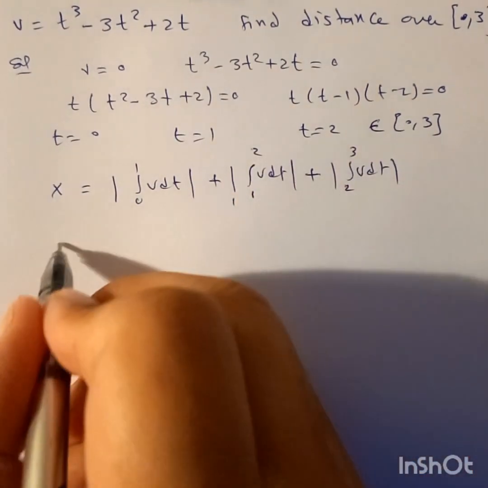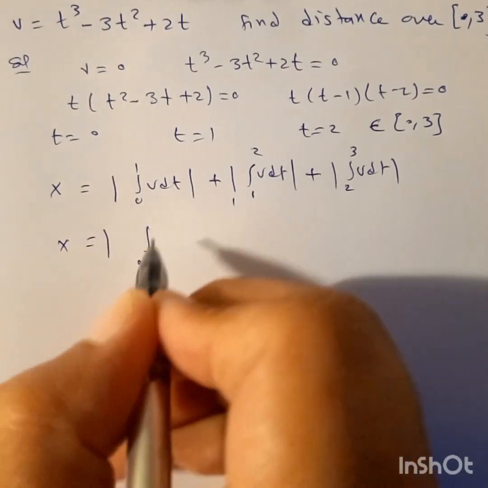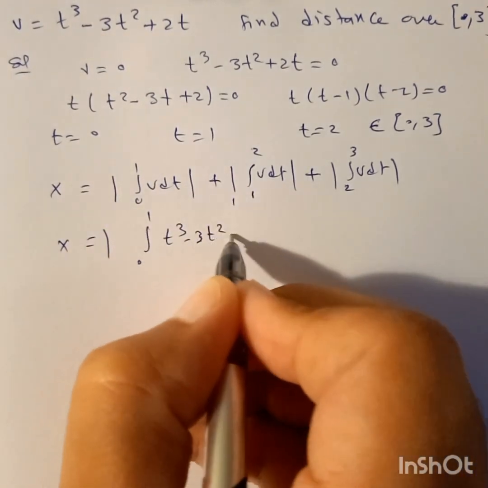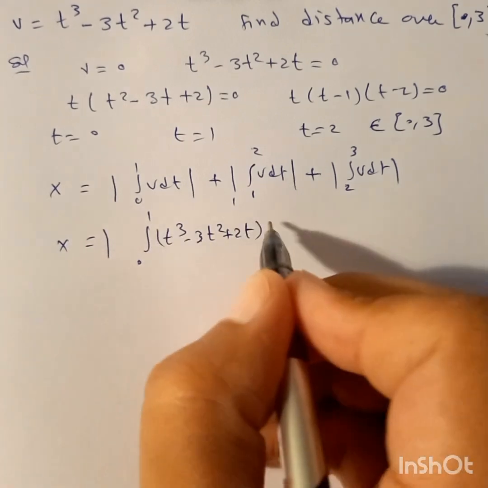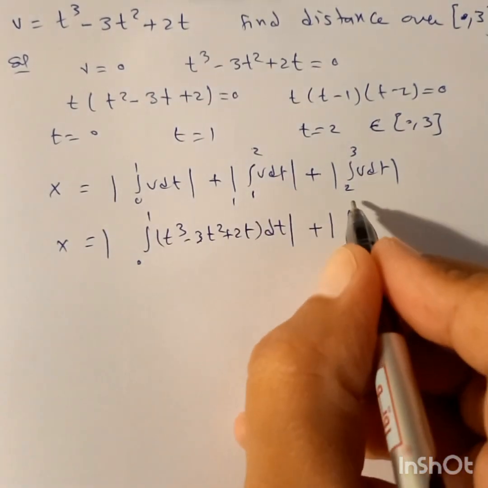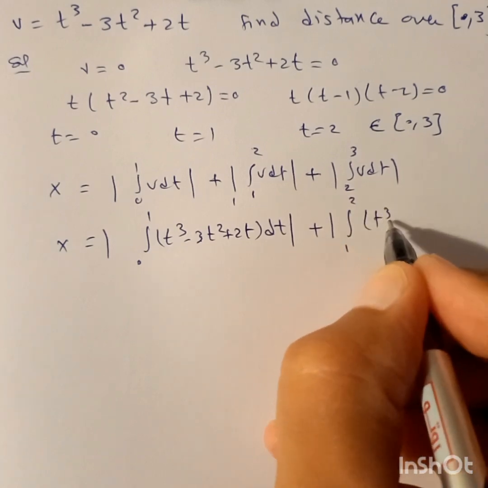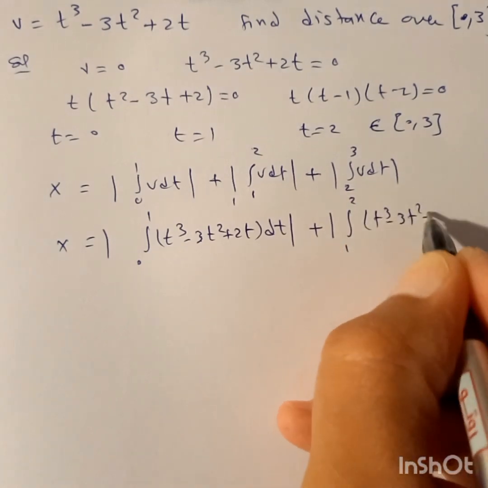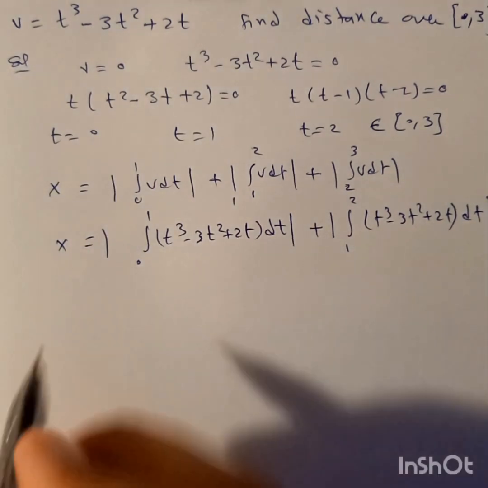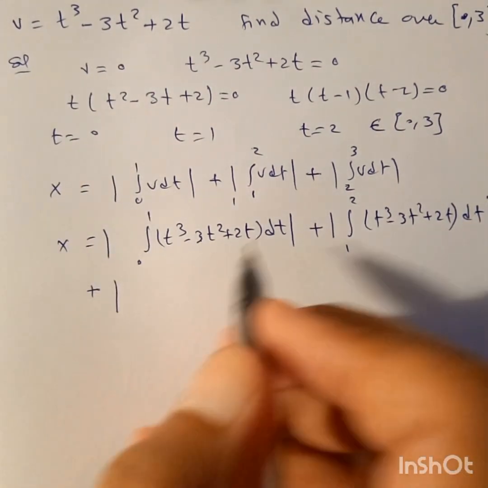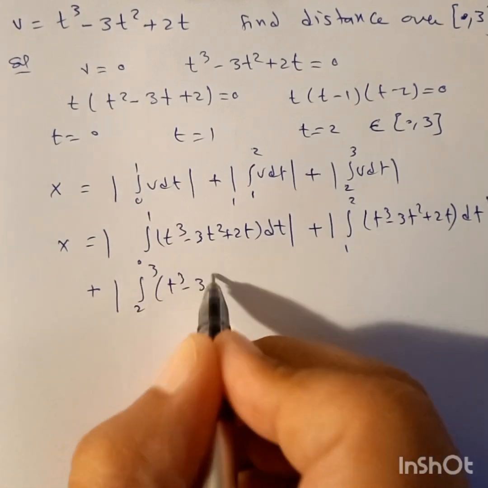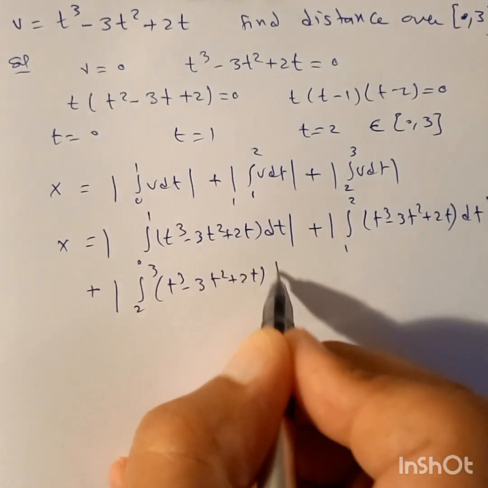Okay, then we have x equals the integration from 0 to 1 of t³ minus 3t² plus 2t dt, and we have also the same modulus of integration from 1 to 2 of t³ minus 3t² plus 2t dt, and this modulus, and we have also plus the modulus from 2 to 3 of t³ minus 3t² plus 2t dt.